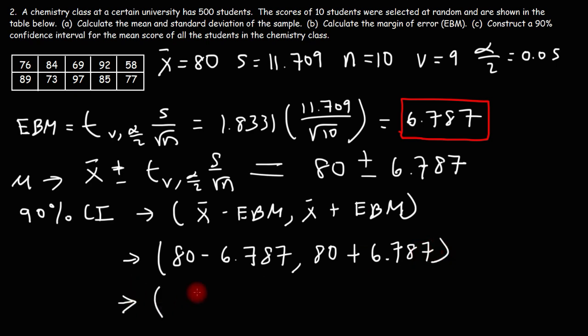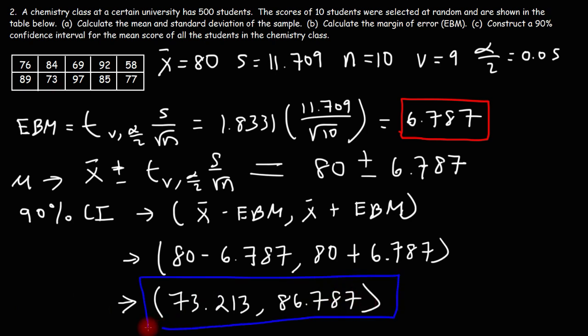So 80 minus 6.787, that's 73.213. And then 80 plus that number, that's going to be 86.787. So this right here is our 90% confidence interval.